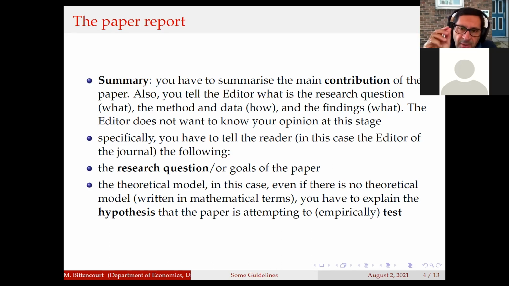In this case, even if there is no theoretical model written in mathematical terms, you have to explain the hypothesis that the paper is attempting to test empirically, right? You have to explain to the reader what is the mechanism, what is the hypothesis, what is the economic intuition of the empirical exercise, okay?